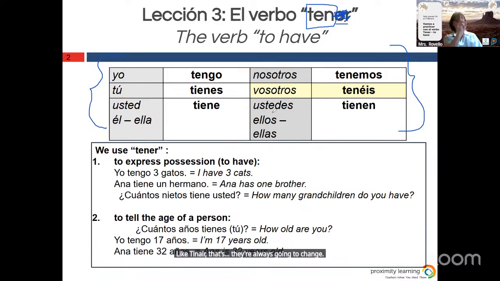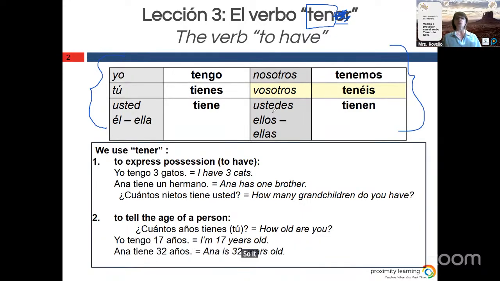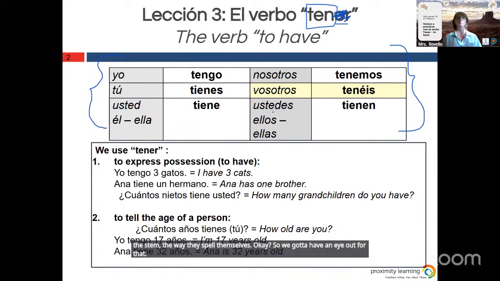So we need to have an eye out for them, right? Because they're going to go rogue. So it's always going to be the tú, él, ella, usted, ellos, ellas, and ustedes that are going to be rogue. They're going to change the stem, the way they spell themselves. Okay? So we have to have an eye out for that, right?